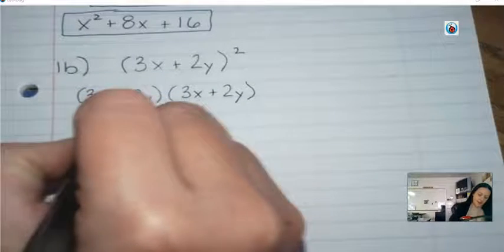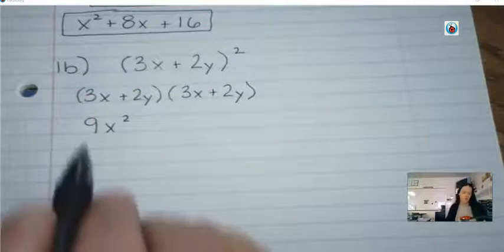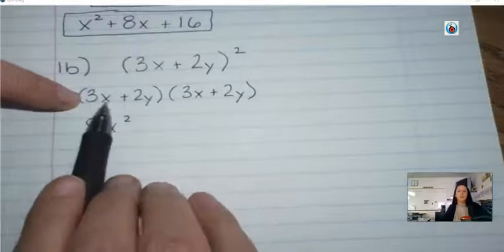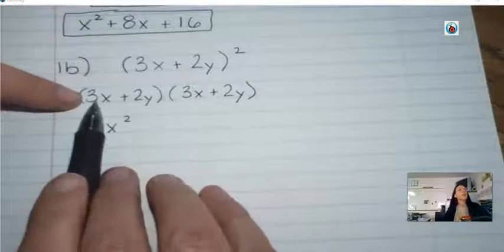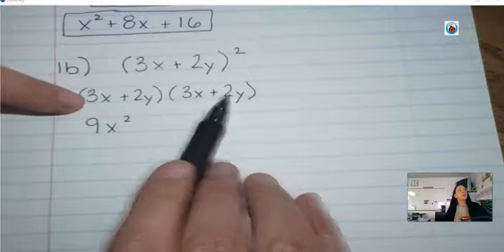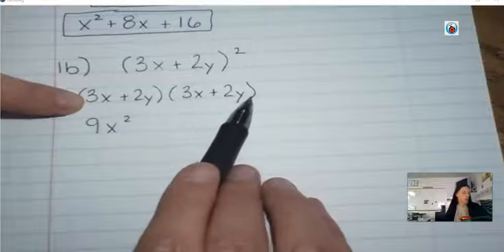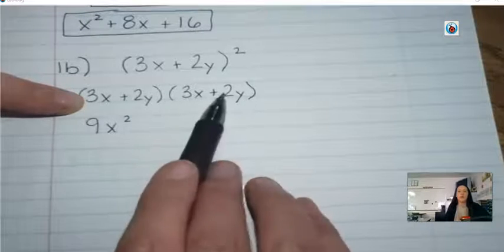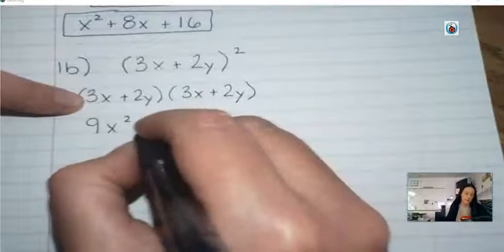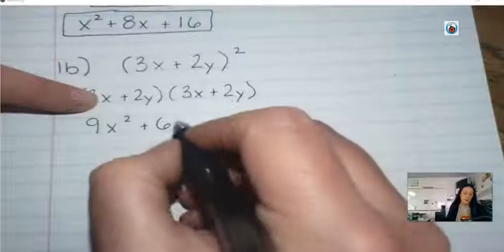That's 9x squared, because 3 times 3 and x times x. Then I have 3x times 2y. So this is 3 times x times 2 times y. So 3 times 2 is 6, positive 6. X times y is just xy.